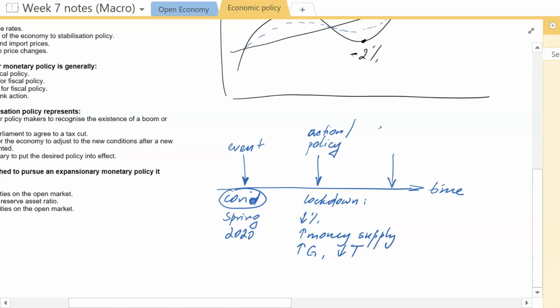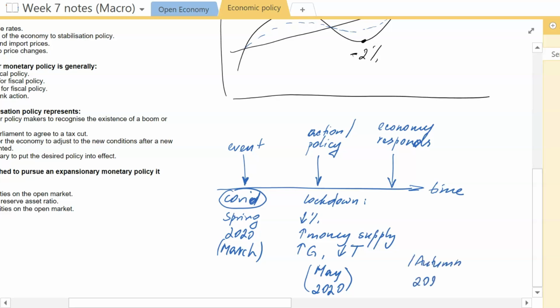The economy will respond. It reacts to this. For example, we've introduced lockdown, let's say in May 2020. We've introduced various policy measures in May, and the economy started to respond to this, started to recover, let's say, by autumn or winter later. How will it respond? Maybe we will experience a slowdown in unemployment.